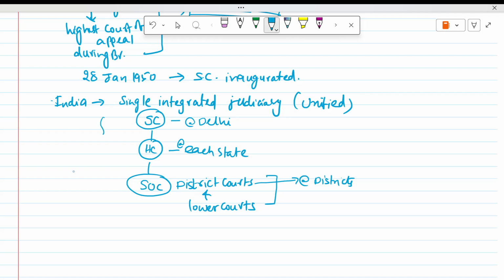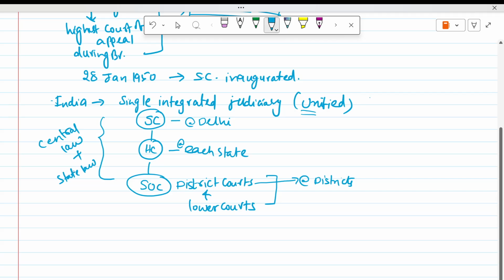But the important point is that all of these adjudicate both central law as well as state law. The Supreme Court, High Court and Subordinate Court adjudicate both. So that's why we call this a unified judiciary.